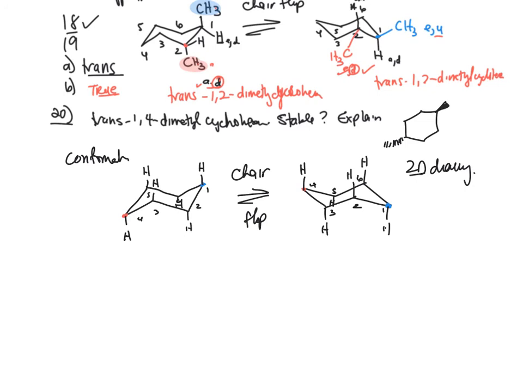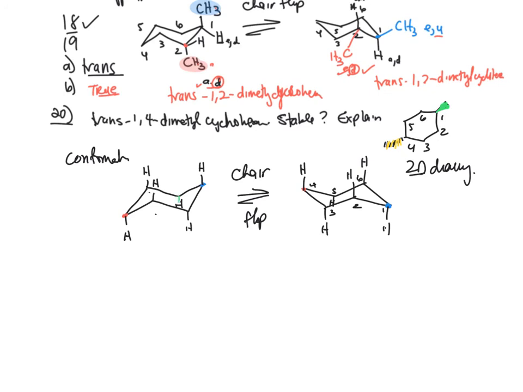So we did our framework, we did our axial, and now we have to put in our groups. So let's make this one green, and then we'll make this one yellow. Okay, so let's do this one with 1, 2, 3, 4, 5, 6. So 1 is here, and I'm going to put that as equatorial. That might be challenging for you. Let's make it easier for you. I'm going to change the numbering.